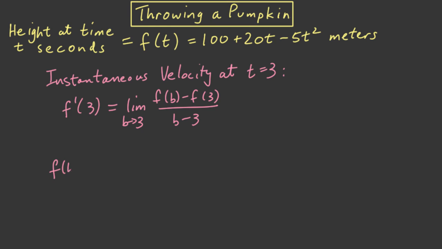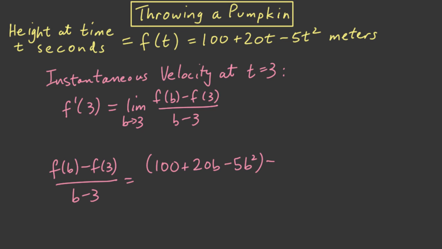We want f of b minus f of 3 divided by b minus 3, and that's equal to, well, f of b is just 100 plus 20b minus 5b squared. And then we're subtracting f of 3, which is 115. And then all of this is over b minus 3.